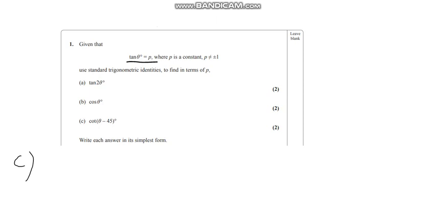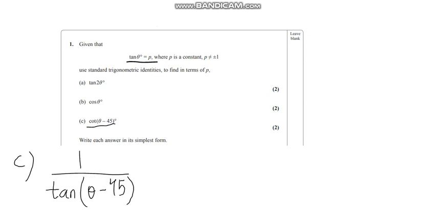We have been given cot bracket theta minus 45, but what I'll do is change cot to tan. So 1 upon tan theta is cot theta, and I'll just expand the brackets.